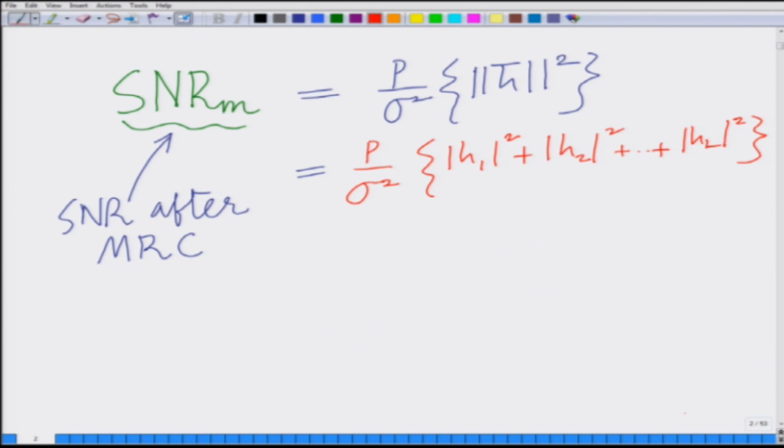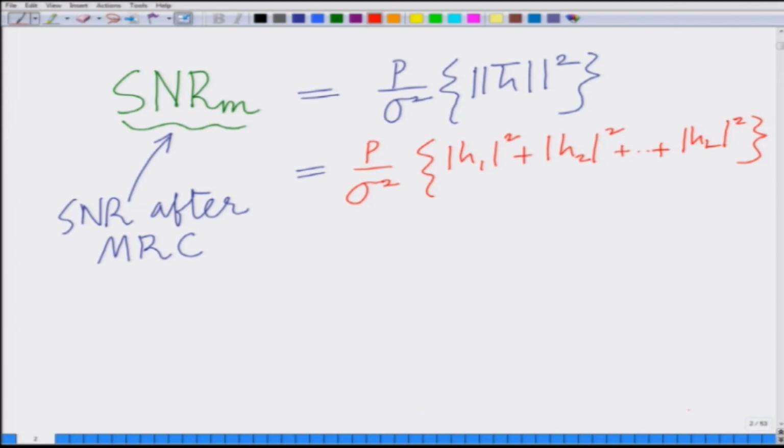So, the SNR after maximal ratio combining in a system with a single transmit antenna and L receive antennas is given as P over sigma square times norm of H bar square.